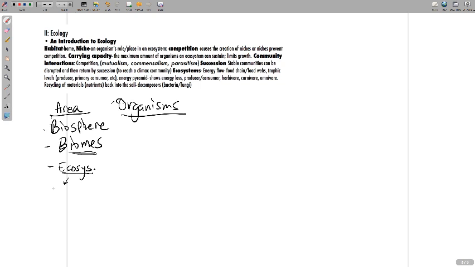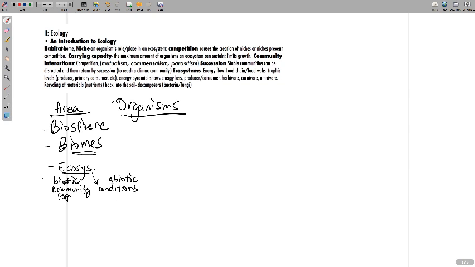So an ecosystem has a community of all different kinds of organisms. It's got a bunch of populations, which is what a community is, but it also has conditions. An ecosystem has abiotic and biotic.